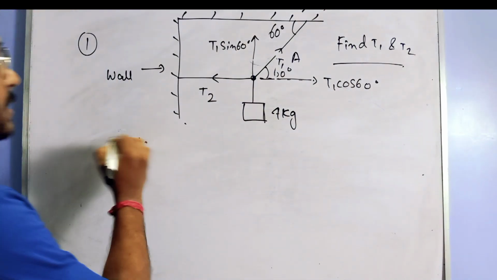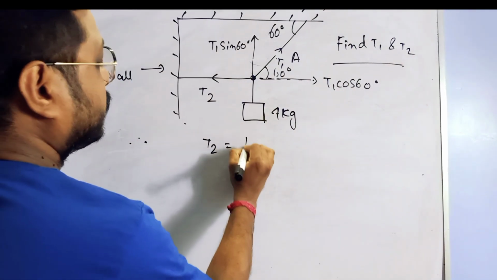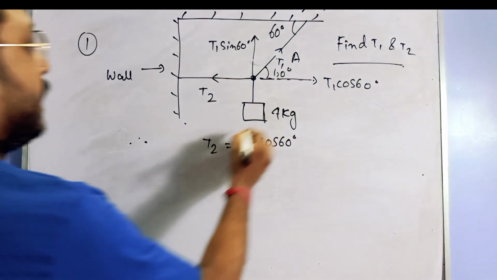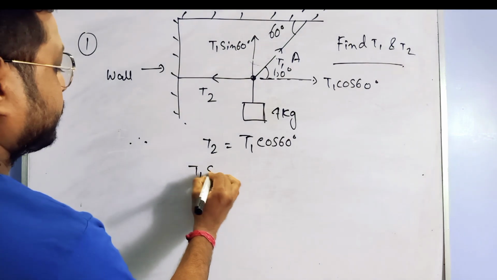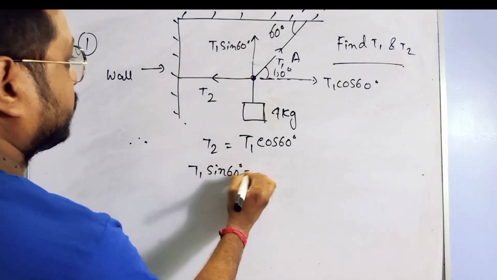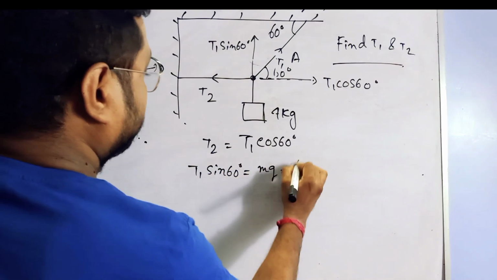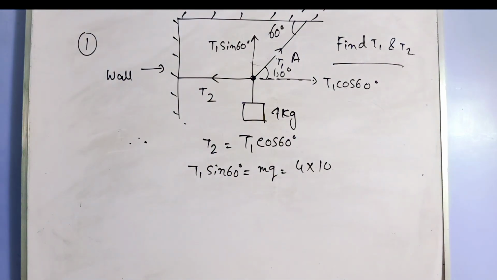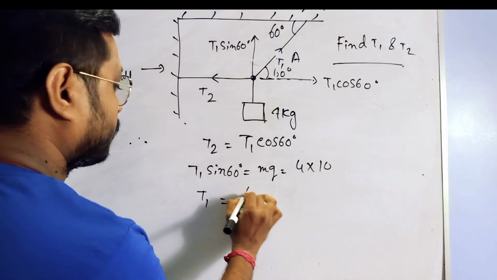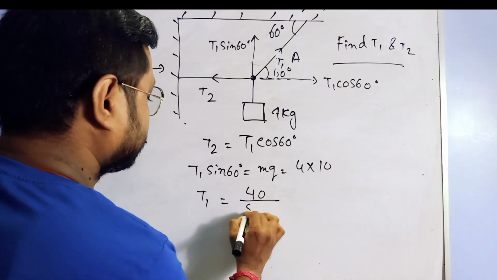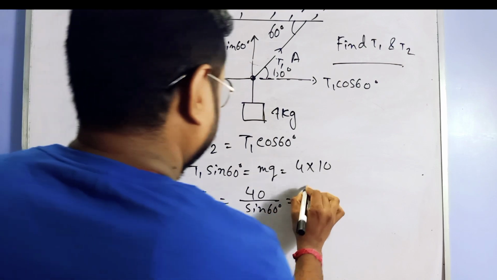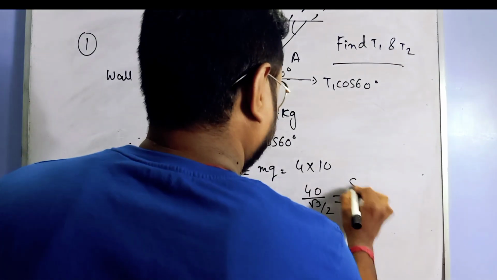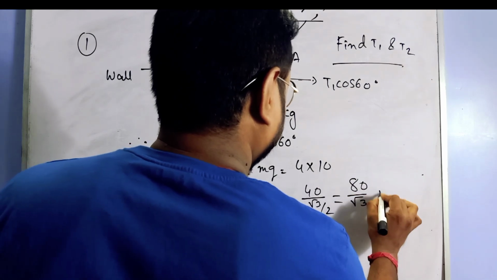So T2 equals T1 cos 60 and T1 sin 60 must be equal to mg, that is 4 into 10, taking g as 10 for convenience. So T1 equals 40 divided by sin 60, so 40 divided by root 3 upon 2, so 80 by root 3 Newton.